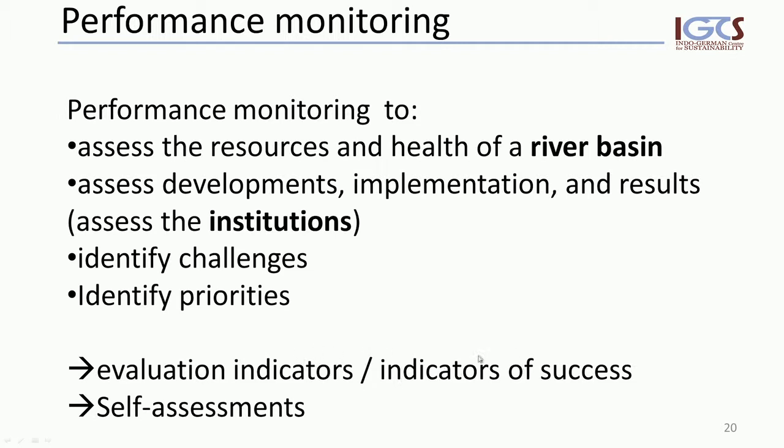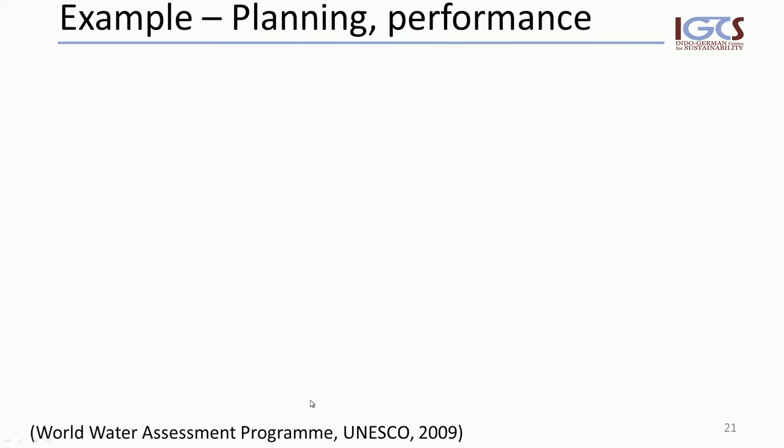Those are target values which require knowledge of the system and must reflect what we want to measure here, what the performance is that we want to achieve, performance towards sustainable river basin management. So we have to define our indicators so that we exactly achieve an evaluation and assessment of those processes. And there must be mechanisms for self-assessment built into the performance monitoring.